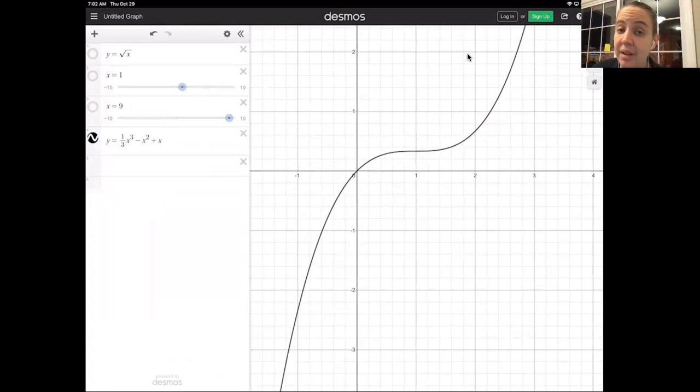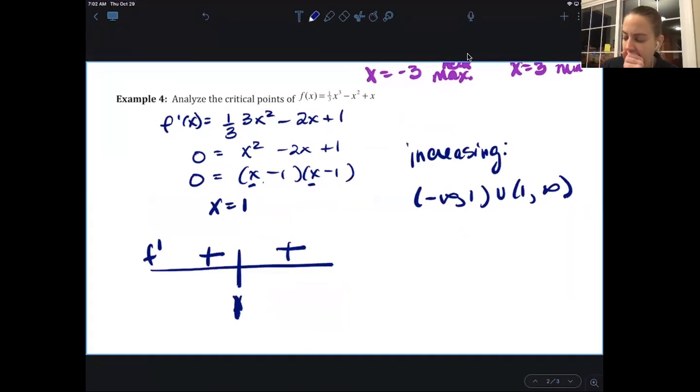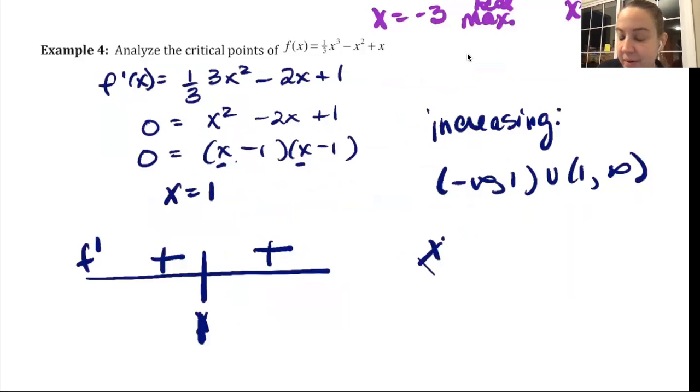That's a critical point. That critical point is neither a max nor a min, but it does have a horizontal slope there. So if I come back over here, I should say that x equals 1. Oh, my pen is really slow. x equals 1.